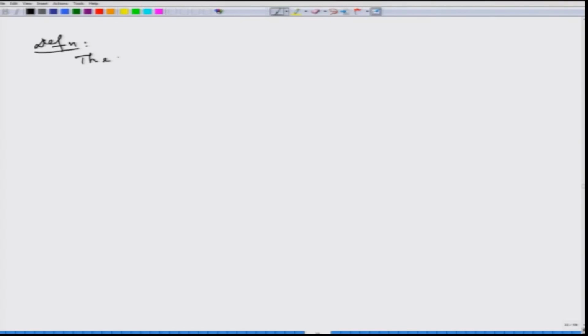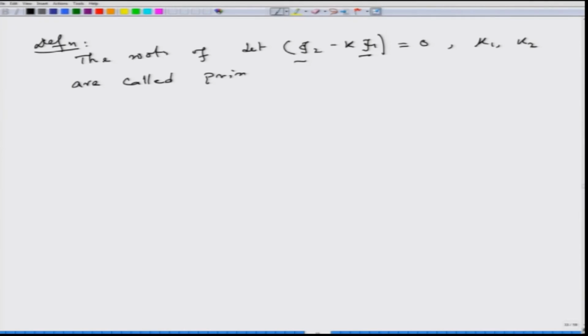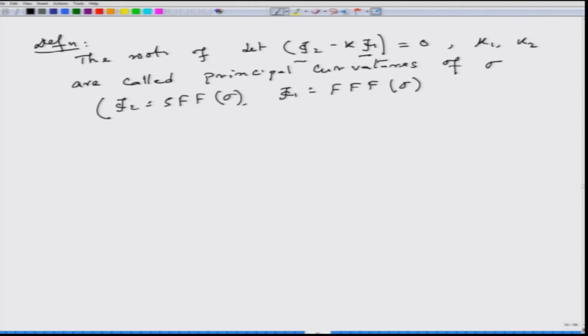The roots of the equation F2 minus k F1 equal to 0, where F2 is the second fundamental form and F1 is the first fundamental form of the surface patch, there will be two roots k1 and k2, are called the principal curvatures of the surface patch sigma.